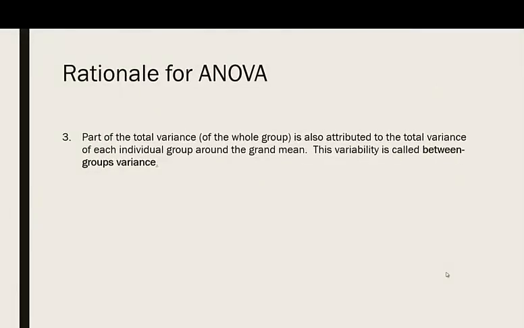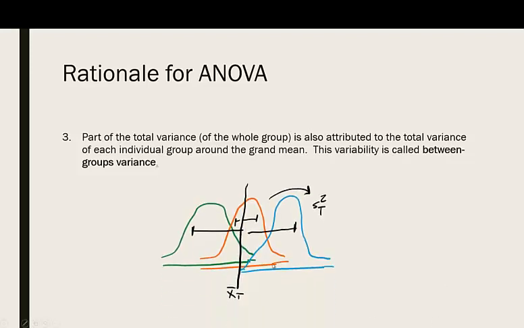So the other part of that variance then, of the whole group, is the total variance of each individual group around the mean itself. And this is called the between group variance. So visually, this was that first one that we looked at. Okay, so this is the variance around the grand mean. But we're looking at how the individual groups themselves relate.